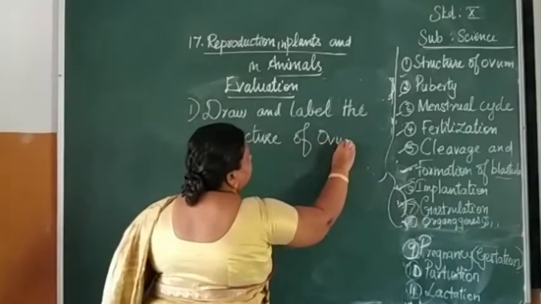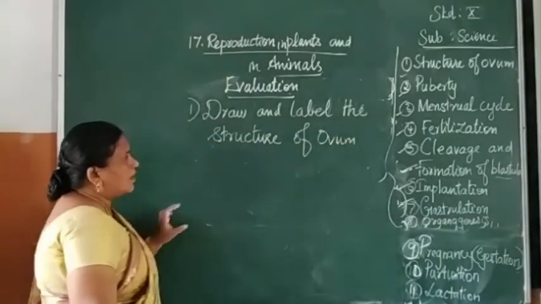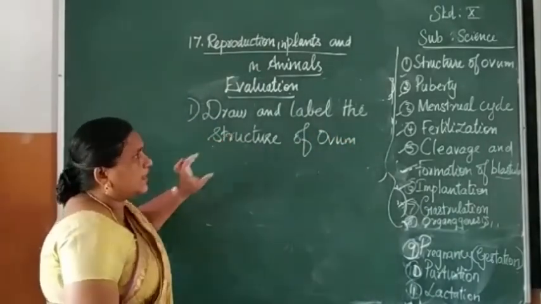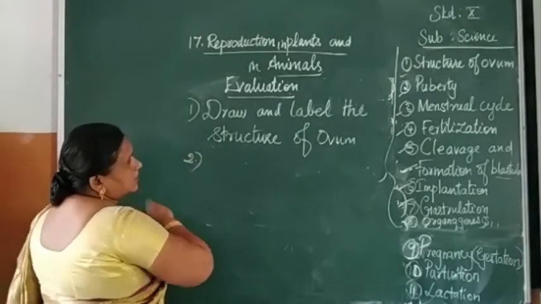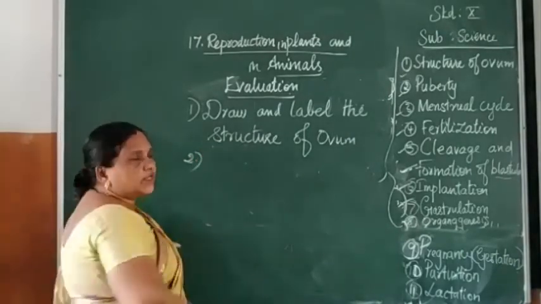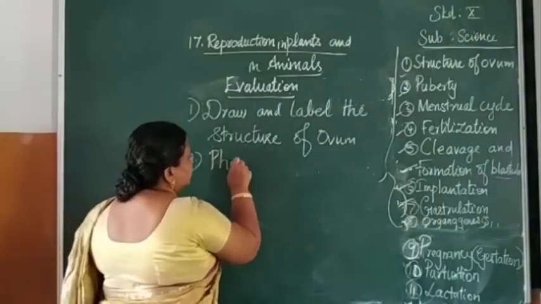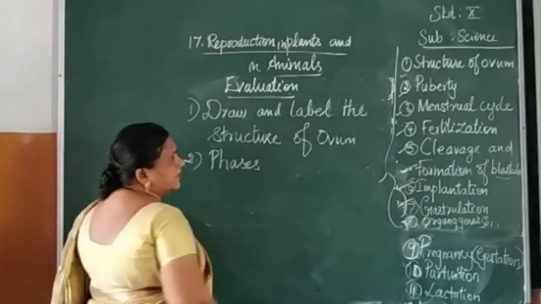Here we want to draw a clear diagram of the ovum and the three layers, three membranes also. Then second, phases of the menstrual cycle. What are the phases of the menstrual cycle? Write the names.